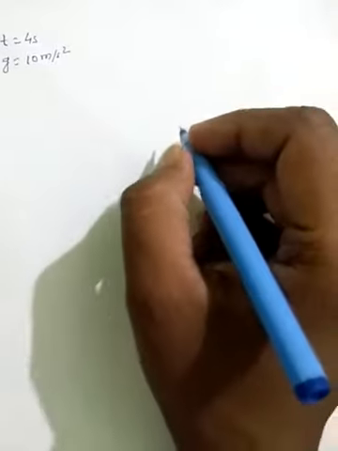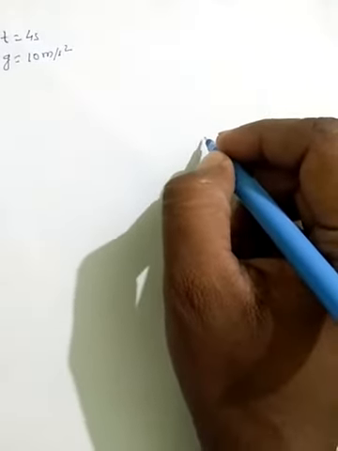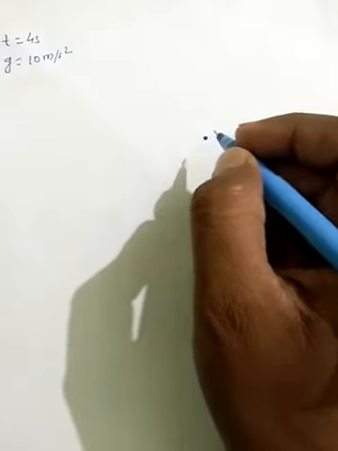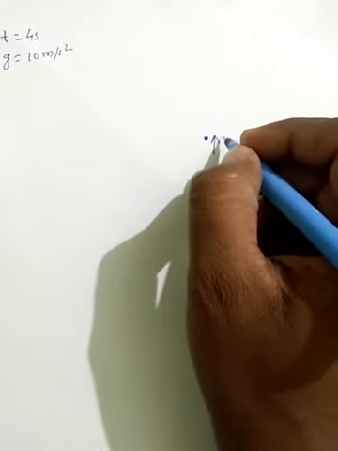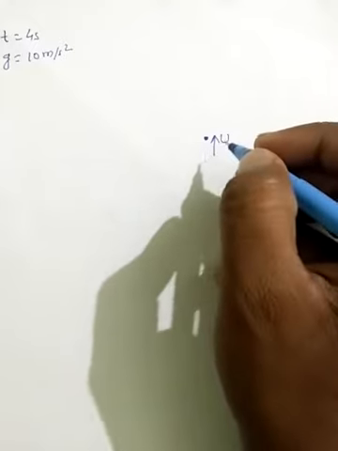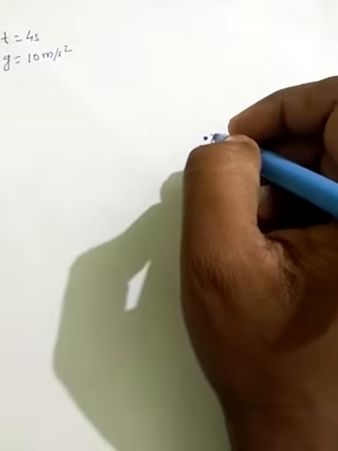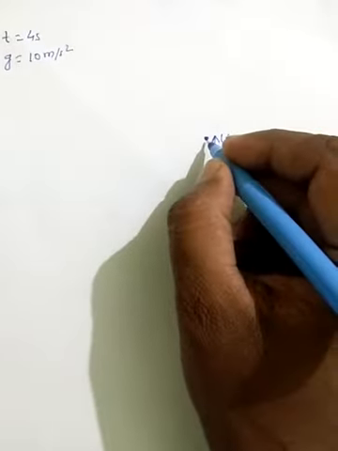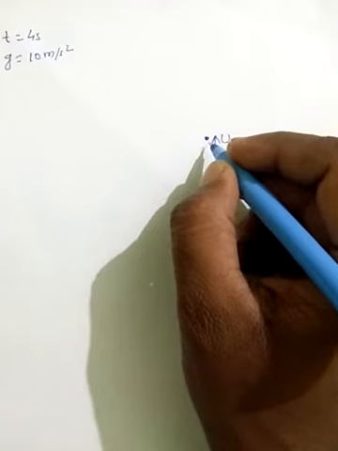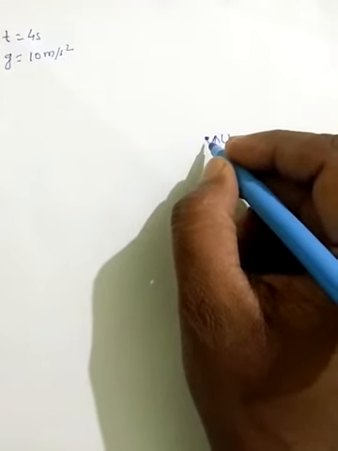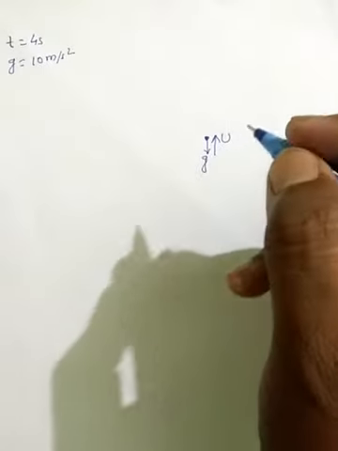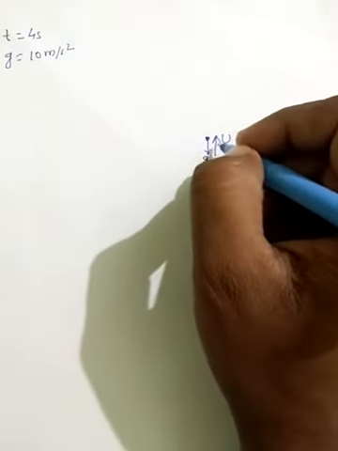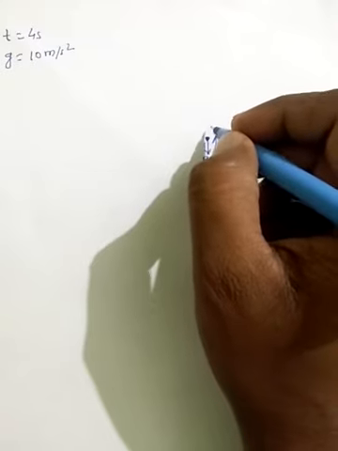If you see the motion of the object, here is a stone which is thrown upward with initial velocity u. From motion under gravity we know that if an object moves upward, the acceleration due to gravity acts in the downward direction and the velocity is in the upward direction.